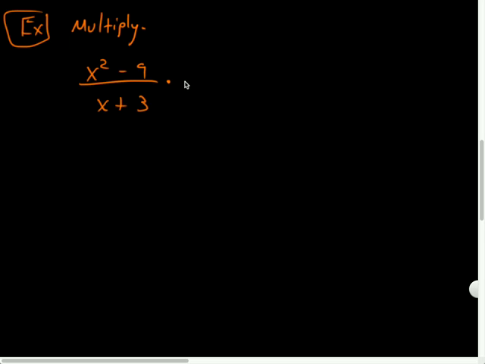It's too late. It's done. Done and done. And what if I've got x squared plus 5x plus 6 all over, and let's throw in a meh, how about an x squared minus 6x plus 9?